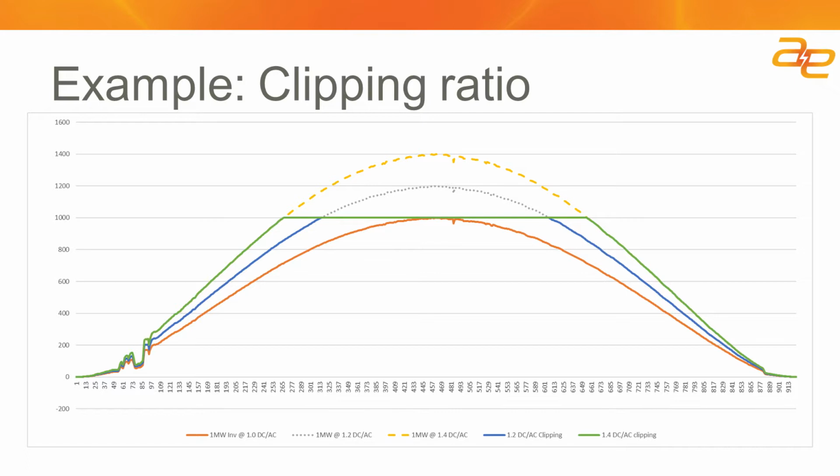You can see here that there is a period of time in which the inverter is at maximum output, and then there's a large window of time on either side of that where the inverter is ramping up or ramping down due to irradiance. And that ratio of how much time it's in clipping versus how much time it's in ramping is representative of the DC-AC ratio for that inverter.